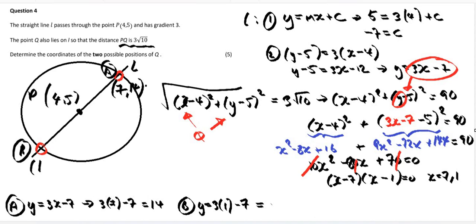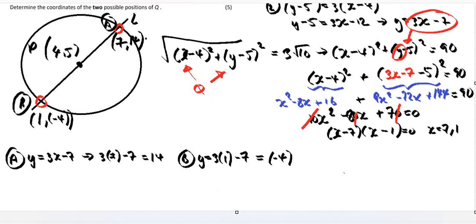So that means that y is going to be minus 4. So this point is 1, minus 4. So I've got my 2 points, and I'm just going to make sure for the A1 mark that I state clearly that Q is 7, 14, or 1, minus 4. And that is my final answer.